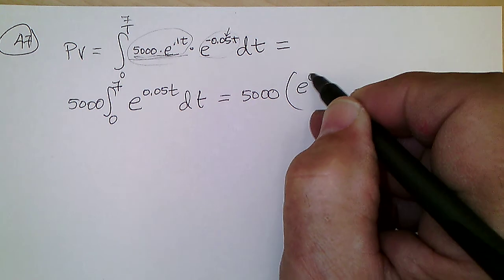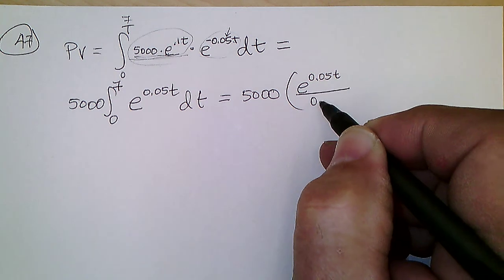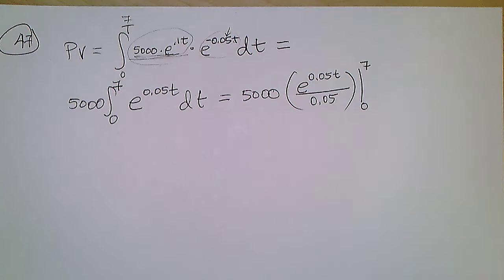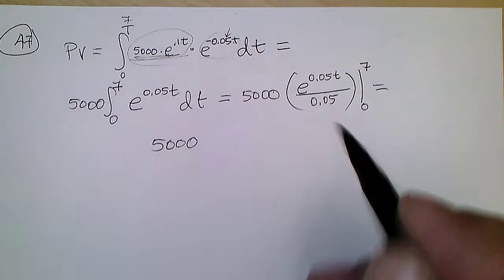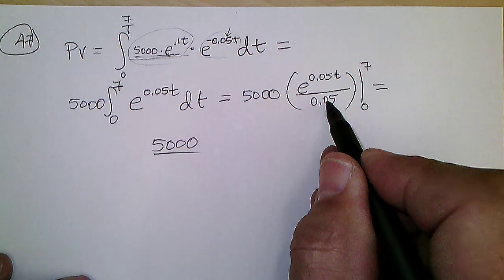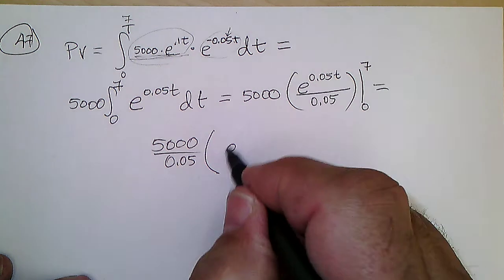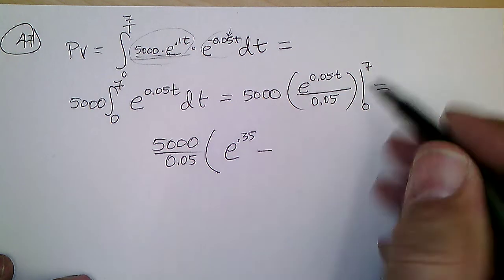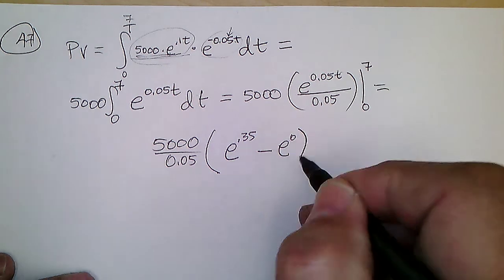That integral becomes 5,000 e to the 0.05 t divided by 0.05, evaluated from 0 to 7, and that becomes 5,000 divided by 0.05 times e to the, put a 7 in there, you get 0.35, minus e with a 0 in for the t, it's e to the 0, which is 1.